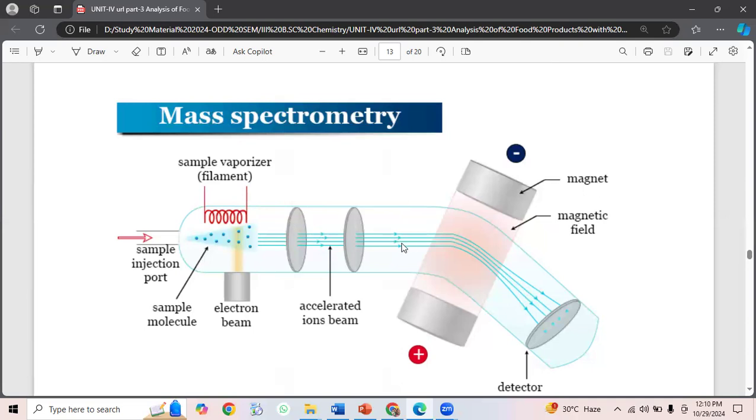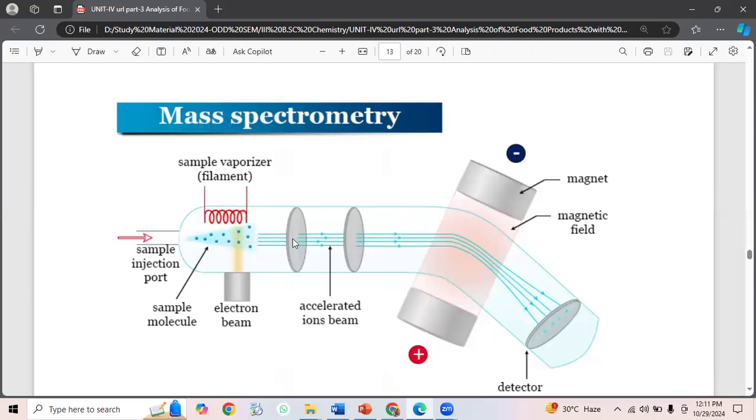Once the particles are ionized, the charged particles are accelerated by an electric field, making them move rapidly through the mass spectrometer.